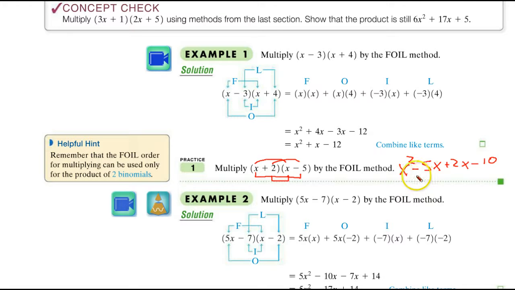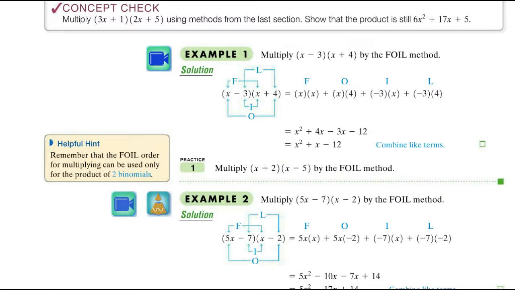So then we just add usually our common terms here, or like terms. But keep in mind, later we're going to do the opposite and factor this into that. Going this way is pretty straightforward if you know the steps of FOIL. But factoring it now takes a little bit of creativity.